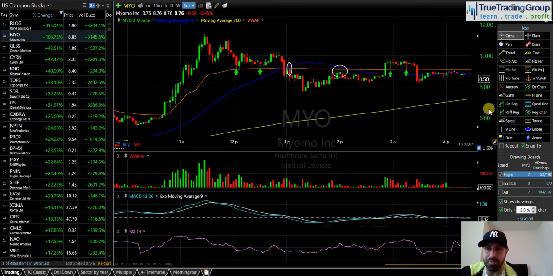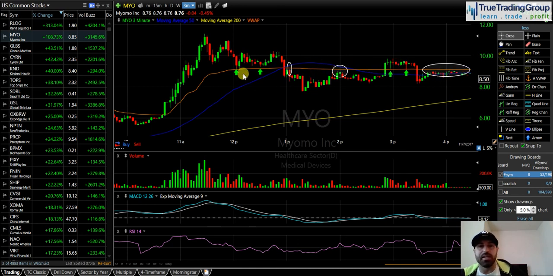Then it breaks back down below, and then you can see for the whole rest of the day, resistance. So this MYO is a really good example of the importance of VWAP, because you can see how it's support. When it gets broken to the downside, it becomes resistance. Then it gets broken to the upside, it becomes support. Gets broken to the downside, becomes resistance. Okay, you can very clearly see that in this chart.